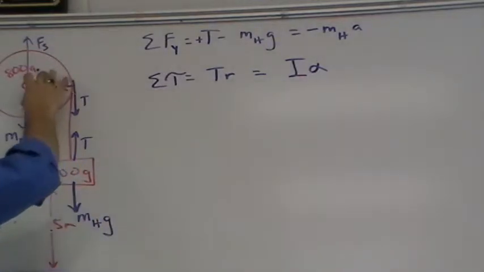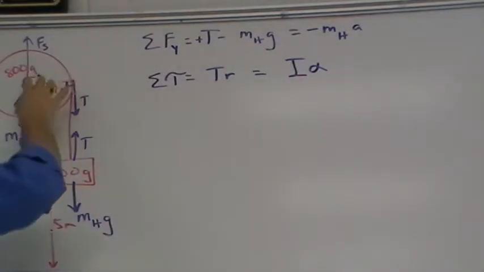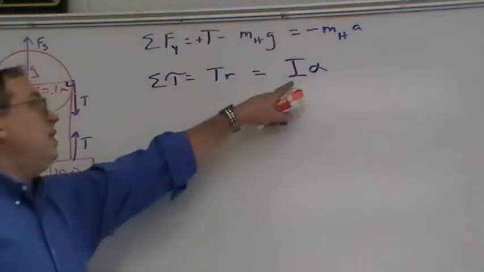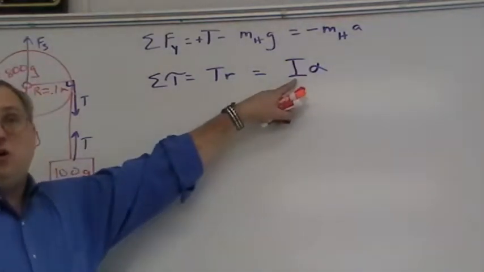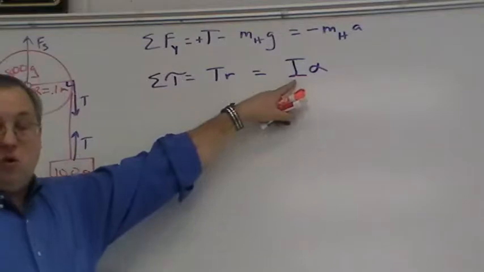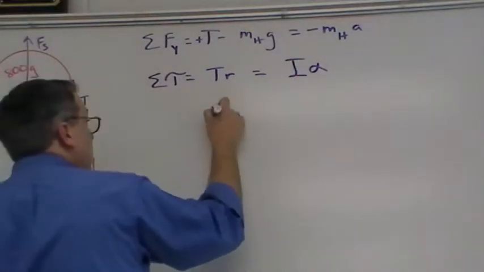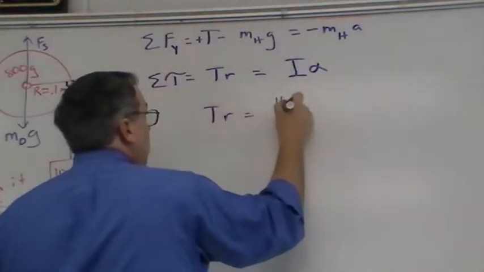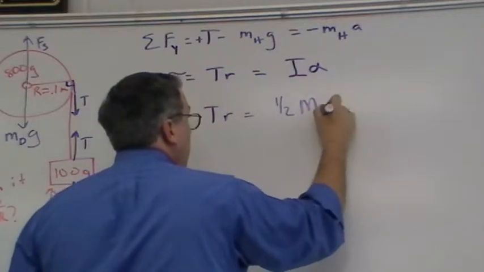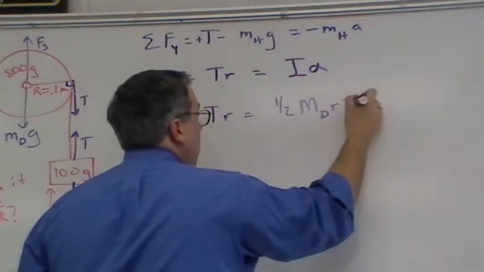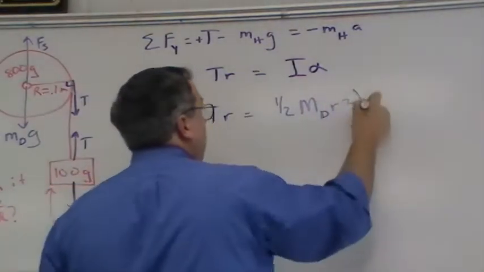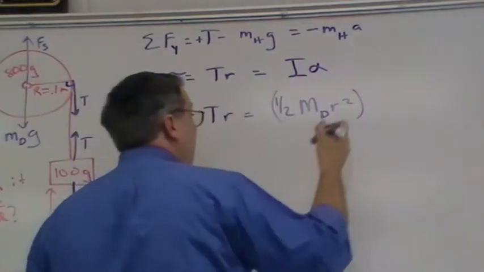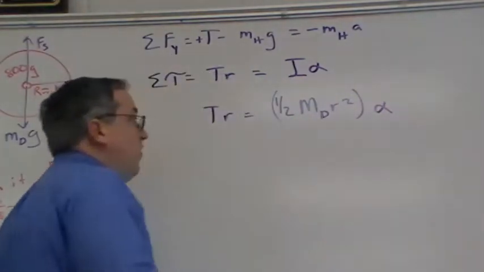We were told in the problem to treat this as a uniform disk. What is the moment of inertia for a uniform disk? 1/2 mr squared. So all that stuff is I, and I still got alpha here.